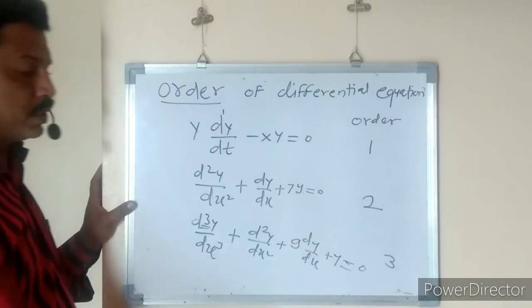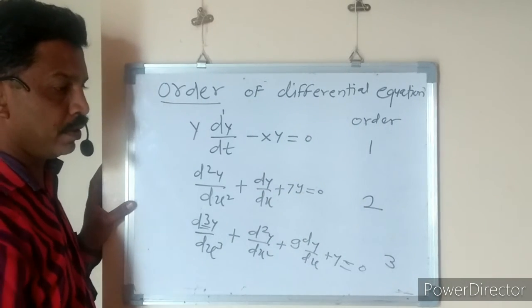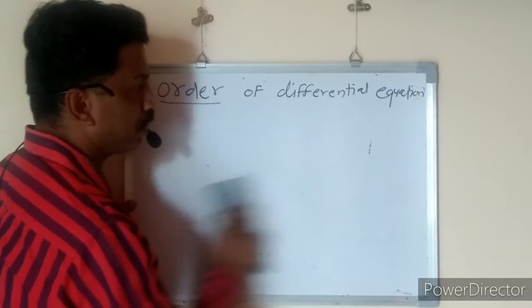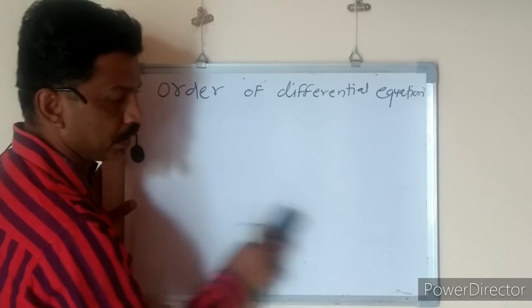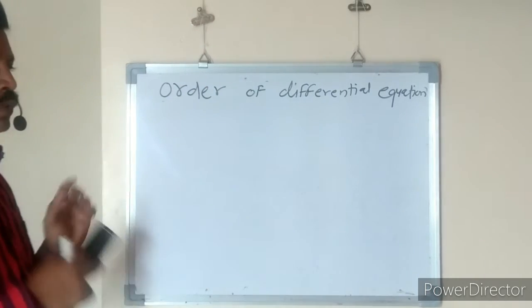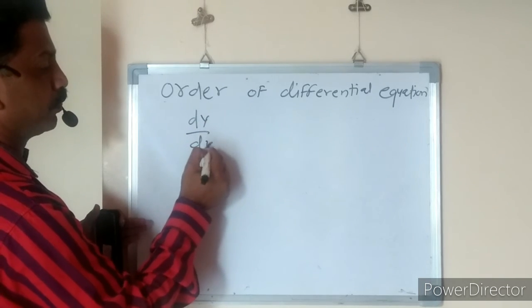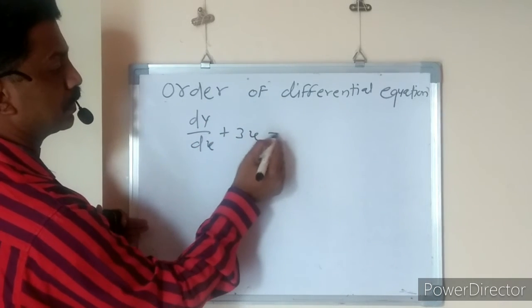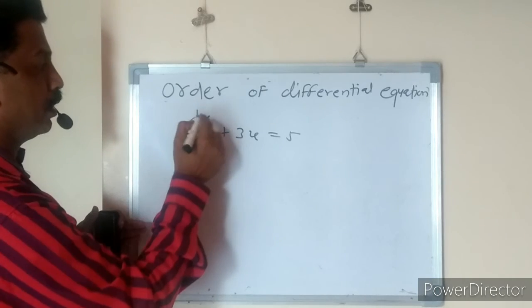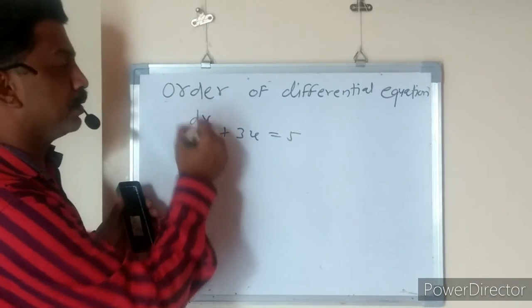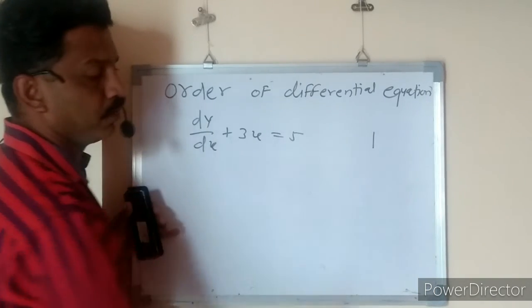Okay, so these are a few different examples by which we can easily understand the order of differential equation. We take a few different examples again. The first one which I have taken, that is dy by dx plus 3x equal to 5. Here the highest derivative is first order, therefore the order is 1.